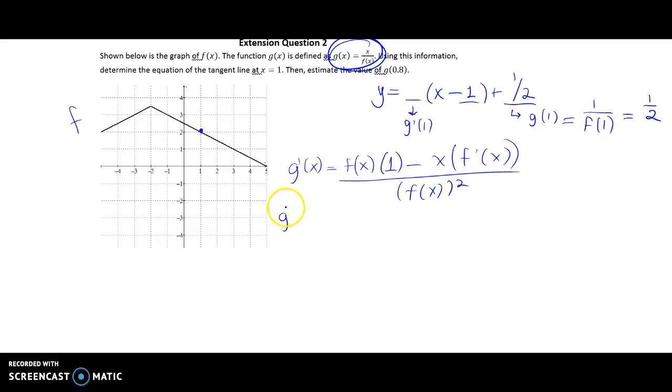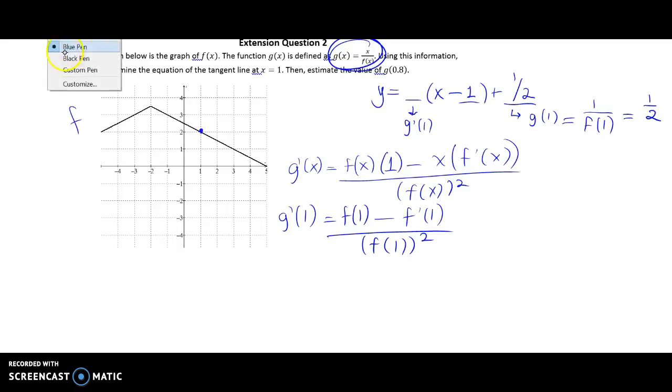Hopefully that went okay, and now the big idea is to substitute in a 1. I've got f of 1 times that 1, minus 1 times f prime of 1, all over f of 1 squared. What we saw in the previous evaluation is that f of 1 I was able to pinpoint right here on my graph.